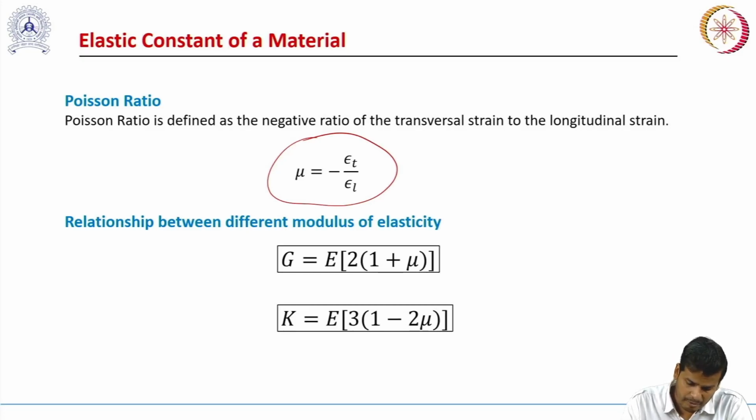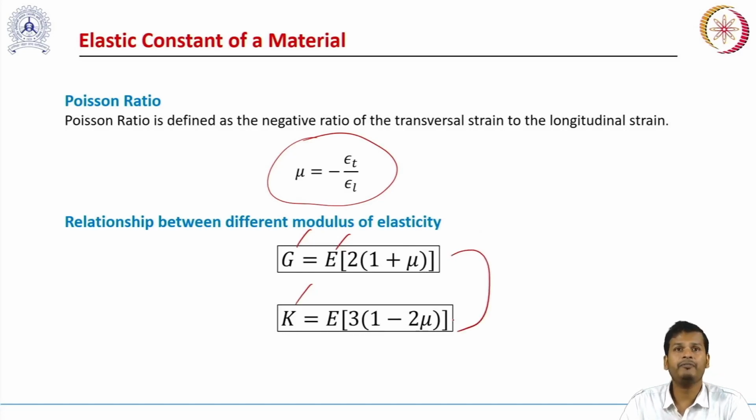Also, the different moduli of elasticity, such as the Young modulus, shear modulus and the bulk modulus of elasticity, are related with each other by the help of Poisson ratio according to these equations. So we can compute the different moduli of elasticity if we have the Poisson ratio values.